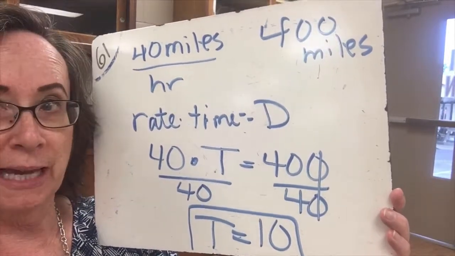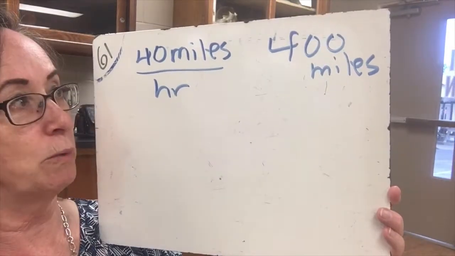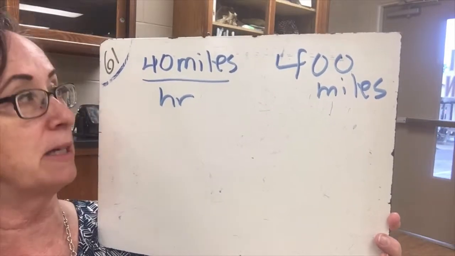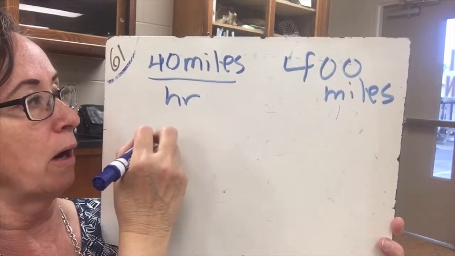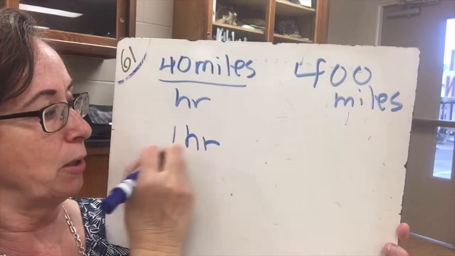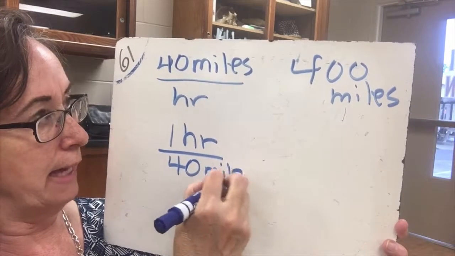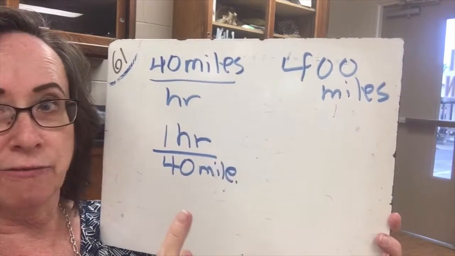So now we're going to do the same problem using our unit conversions. Okay, so when we're using our unit conversions, we don't really have to worry with the formula so much because we can use 40 miles per hour or 1 hour per 40 miles. So if we have our rate and we have our distance, we're looking for time.